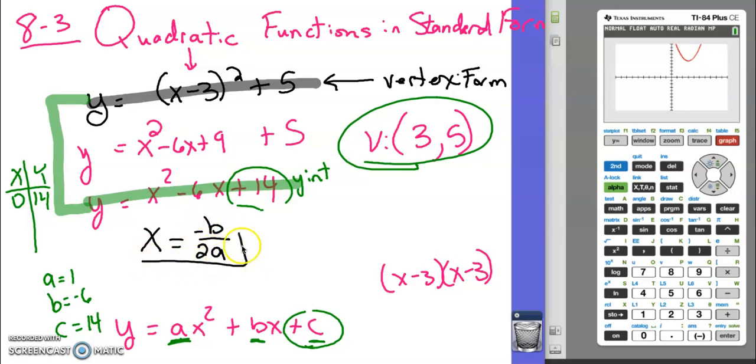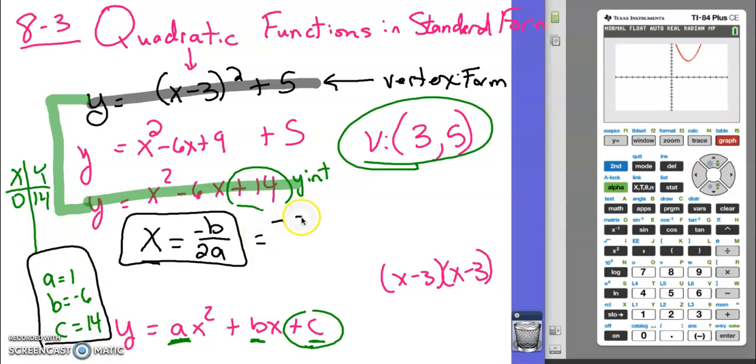This is crucial in finding the axis of symmetry. So again, we found our A, B, C right over here. Follow the formula. Negative b, so negative 6, which is going to make that a positive 6, and then 2 times the a. So that's going to give me 6 over 2, which is 3. So the axis of symmetry on this equation is 3.